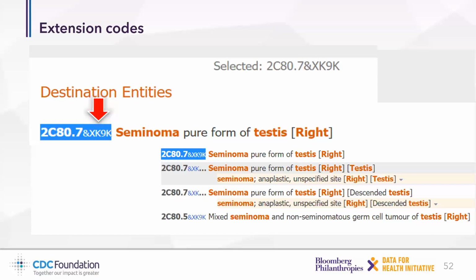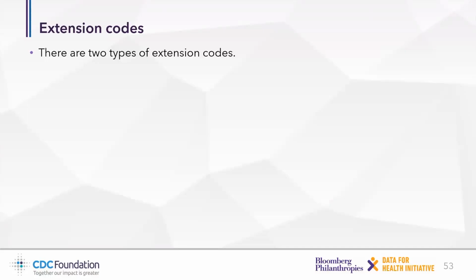And these two codes are combined by a symbol, or this is called a convention, ampersand. And XK9K indicates the laterality, because this is right-sided testicular seminoma. So XK9K indicates right. So this is an example.